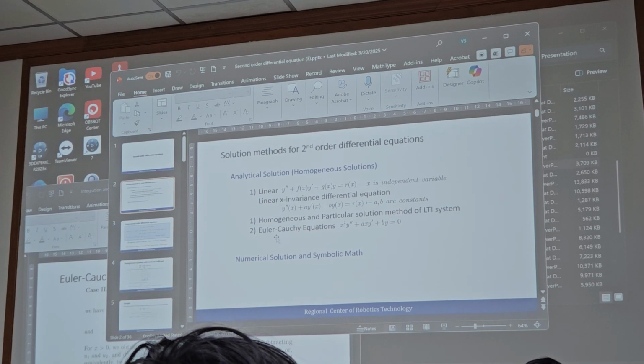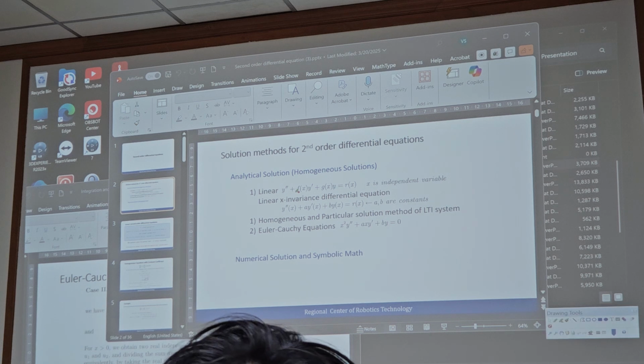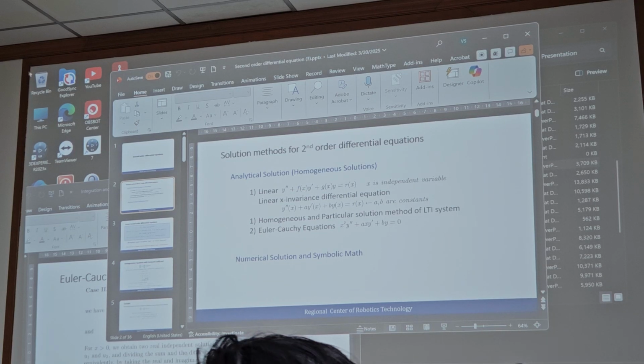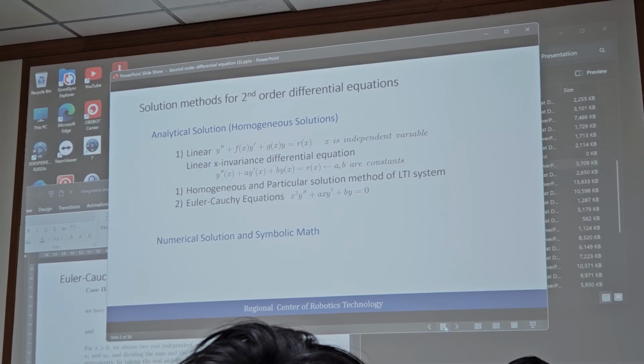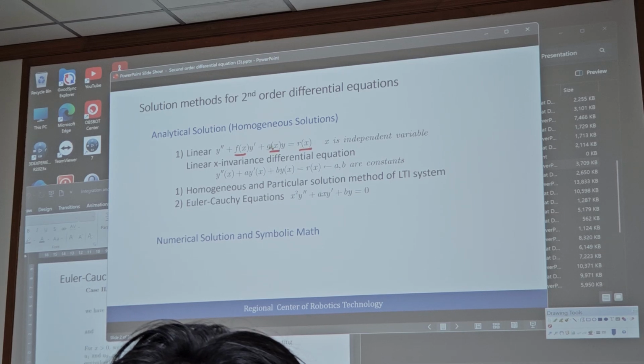You can solve this one. You have y double prime plus f y.